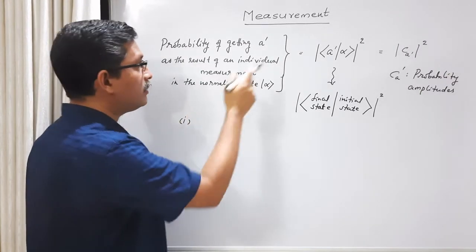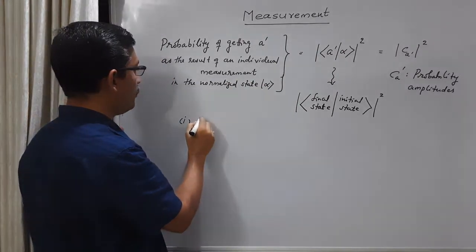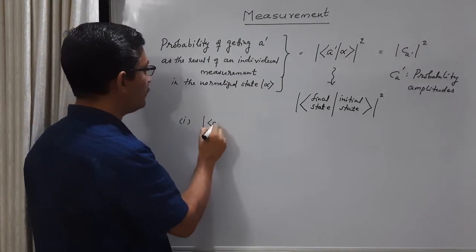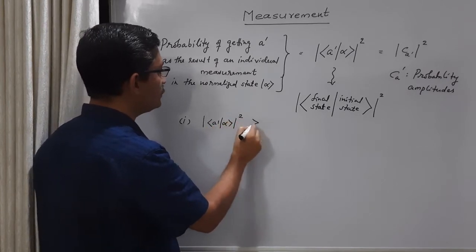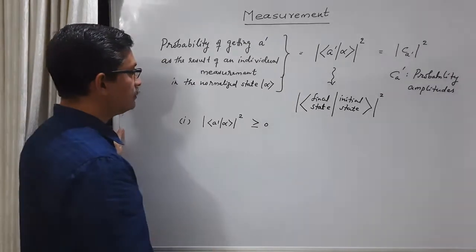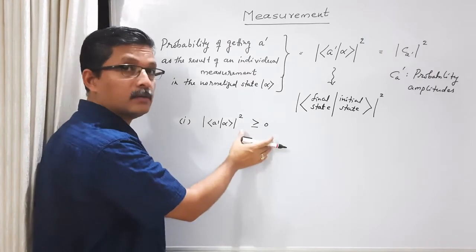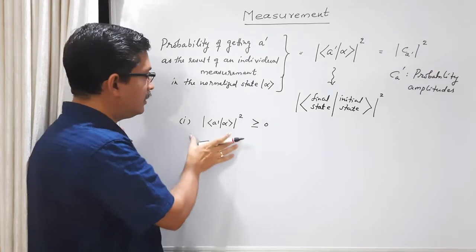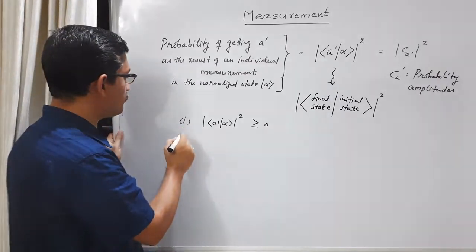Since it is the modulus square of a complex number, we can be assured that this inner product between A prime and alpha, squared, is always greater than or equal to 0. If it is a probability, it can never be negative, and since it is a square, it will always be greater than or equal to 0. That is one point.